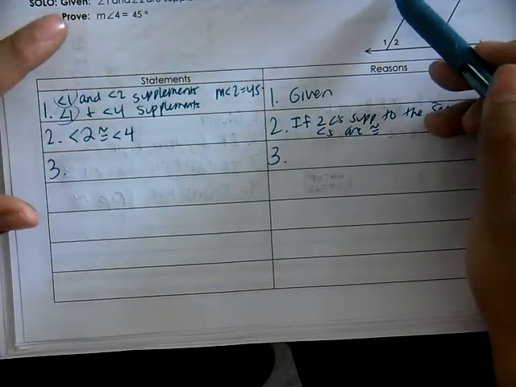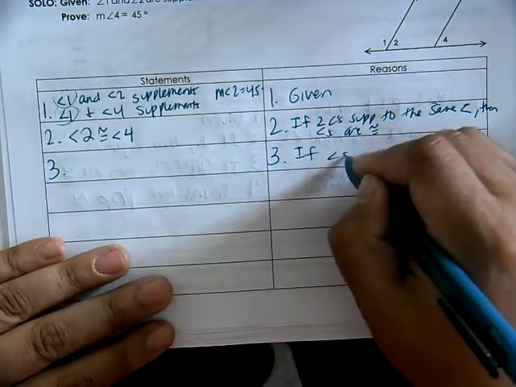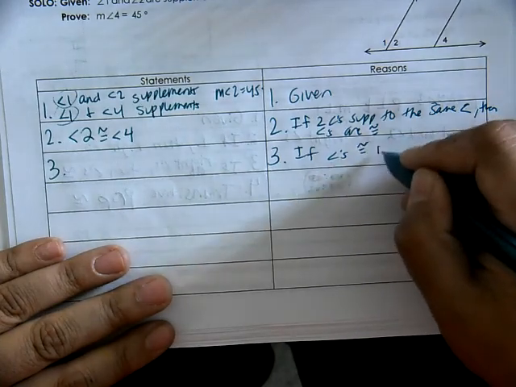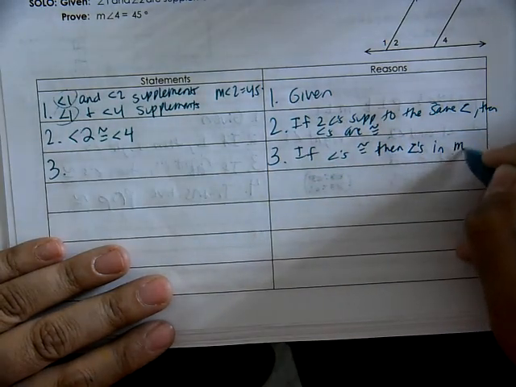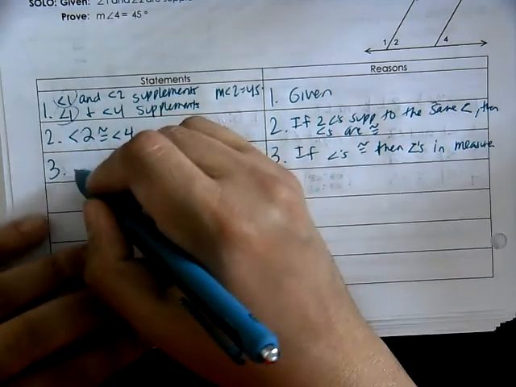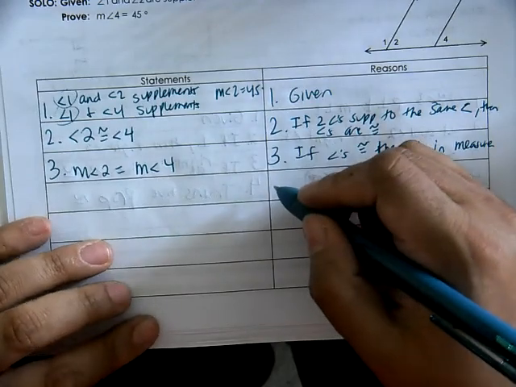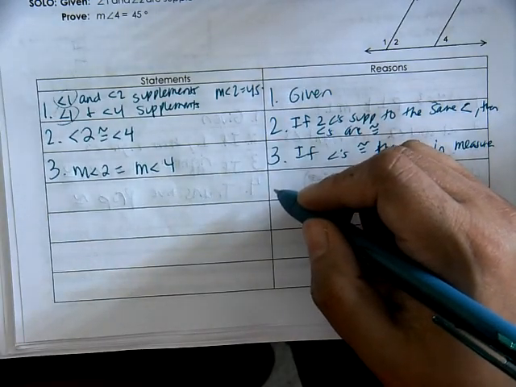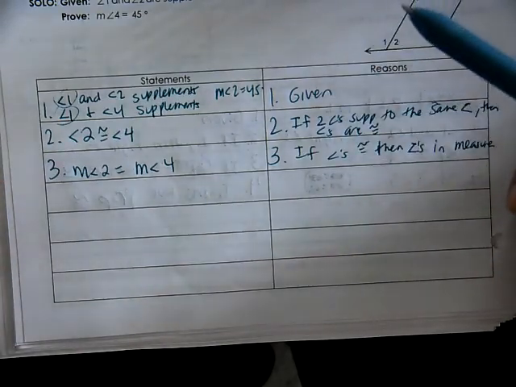So now that I want to bring in angle 2 and 4, I would say if angles are congruent, then angles are equal in measure, because now I want to bring in equal signs. Measure of angle 2 equals the measure of angle 4. And at this point, I do need to also bring in the angle measure.